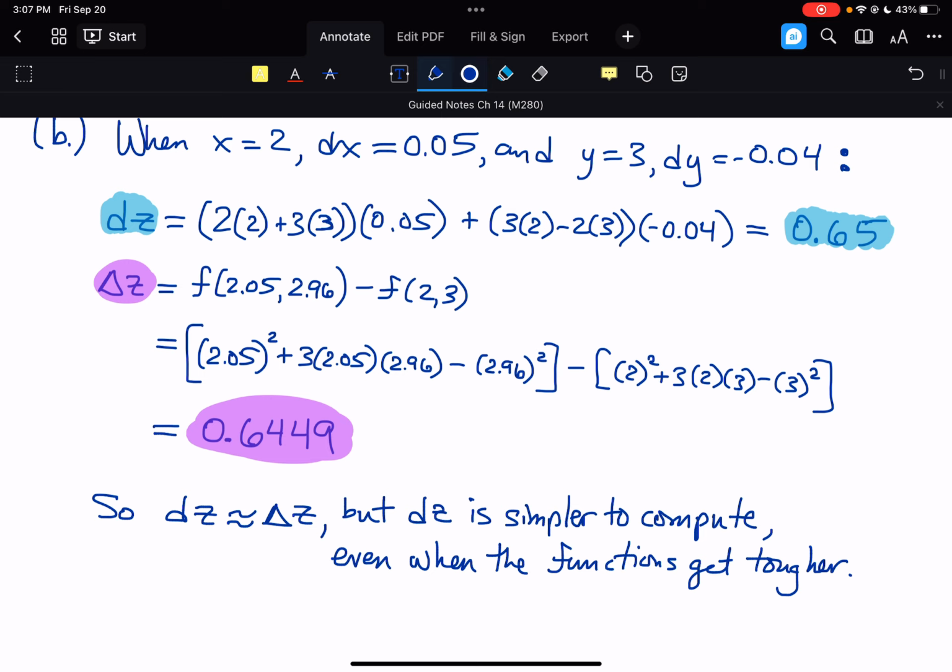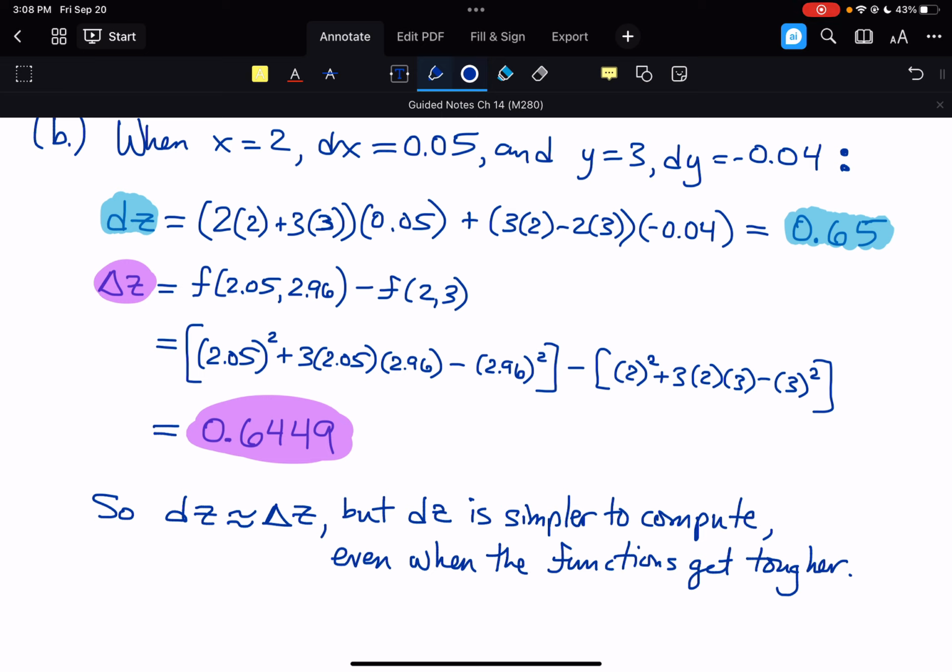Okay, so this is how we can use calculus and multivariable calculus to be able to approximate values on a surface when maybe we can't find an exact value directly, or the approximate value is sufficient.